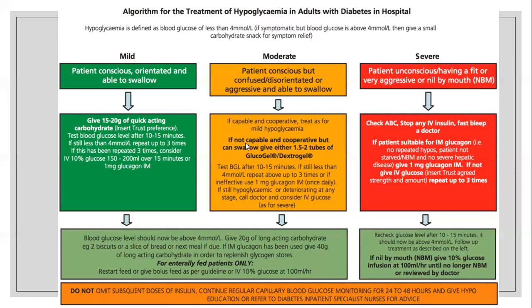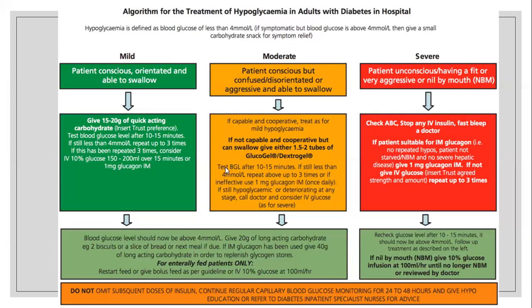If not capable and cooperative, but can swallow, give either 1.5 to 2 tubes of GlucoGel or Dextrogel.